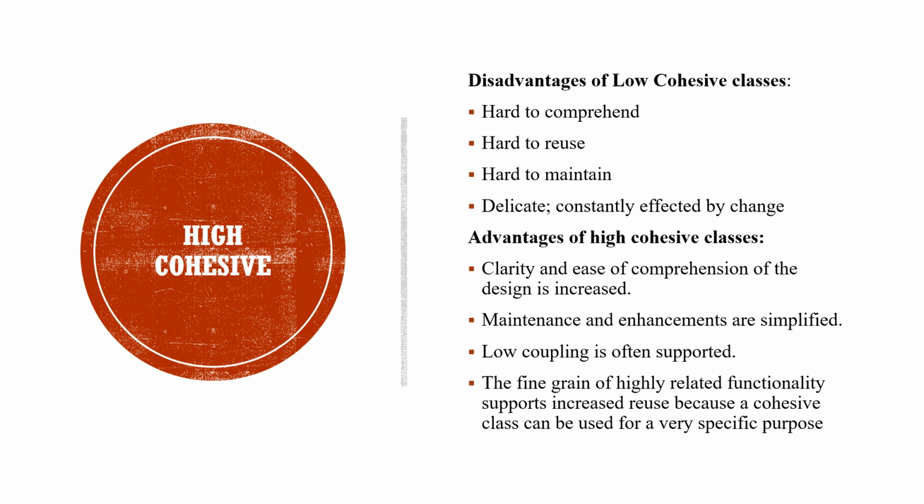Imagine if you put everything in one file, everything can be coupled to each other, so it's very frail. But if you partition it into multiple classes, we can design the coupling, we can minimize the coupling, and it also supports reusability because a high cohesive class can be used for a very specific purpose.